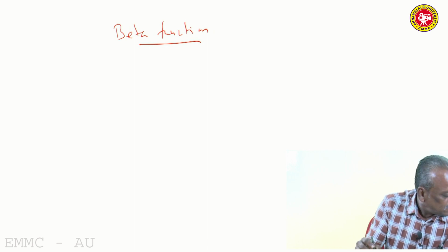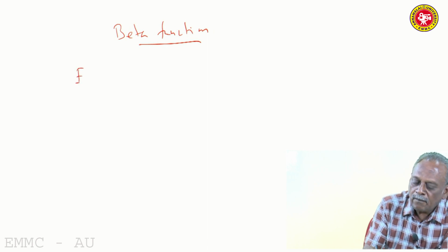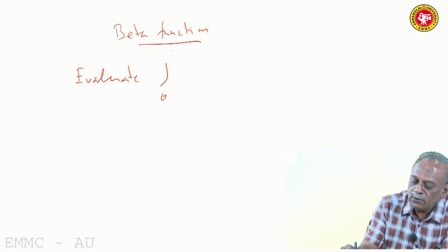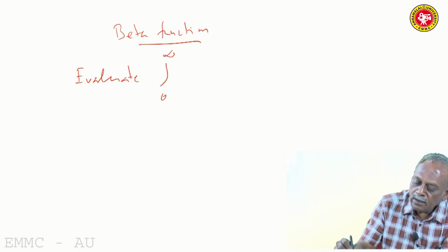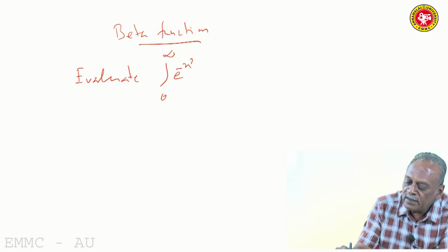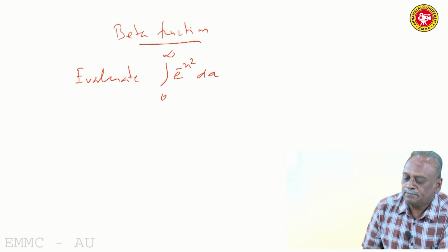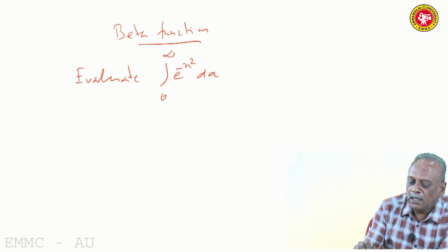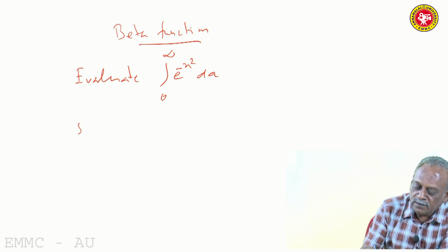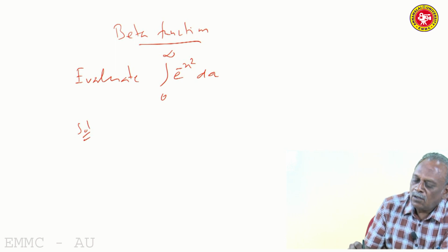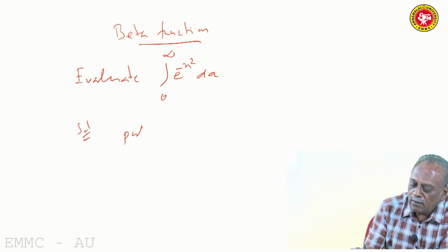Evaluate integral 0 to infinity e power minus x square dx. Solution. Put x square equal to t.